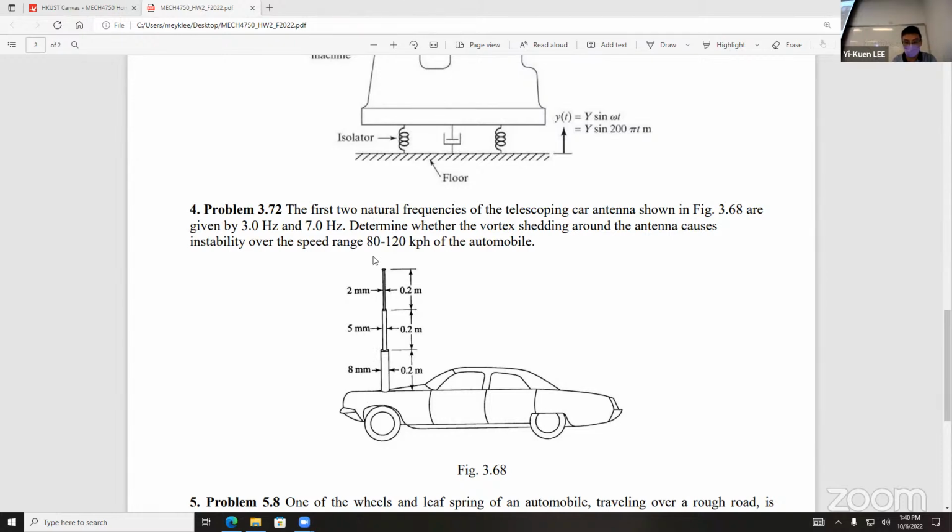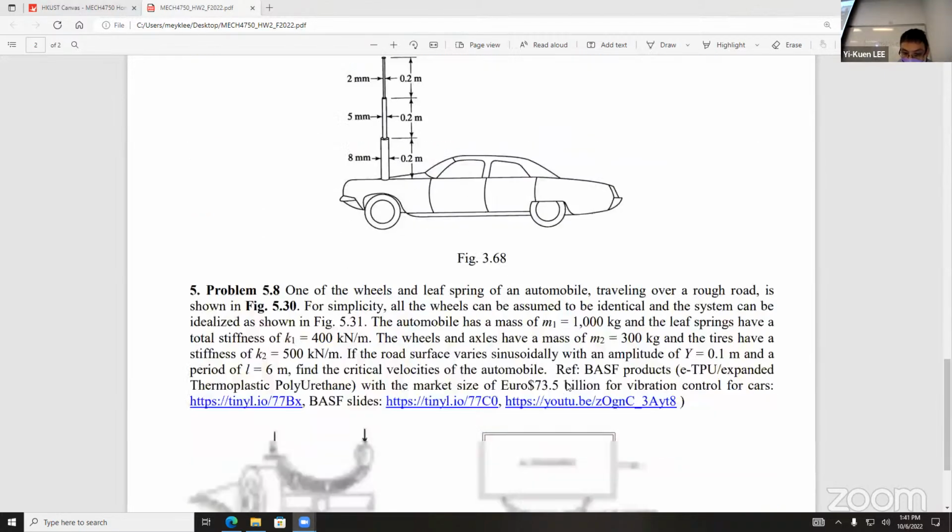Once you have this antenna, and they tell you there's some special telescoping antenna, can you think about it and determine whether this is flow-induced vibration, vortex shedding, so that they give you two frequencies and vortex shedding for this speed. I think this is one of the quite interesting and important issues. Flow-induced vibration is still quite commonly found in the industry.